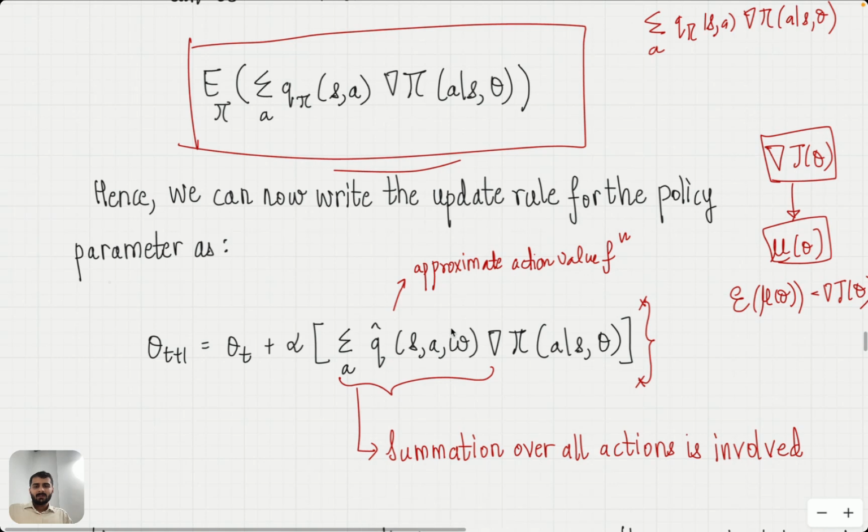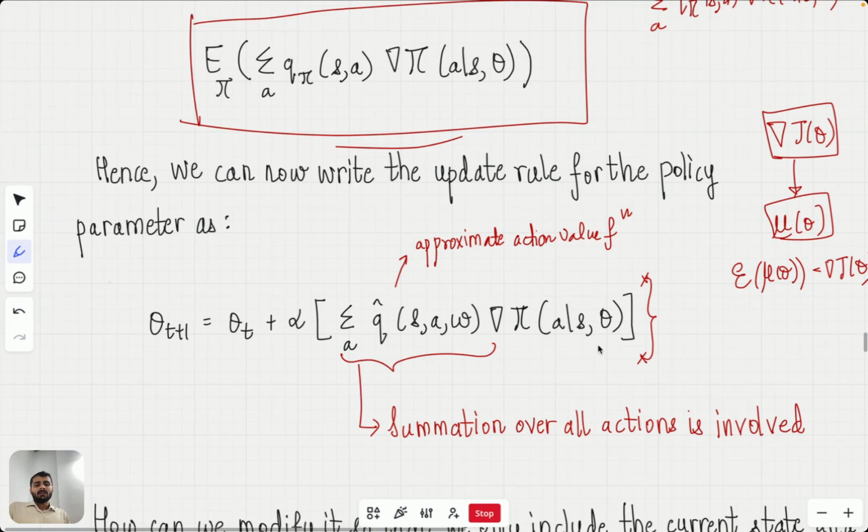So if I am at a particular state and there are five actions in front of me, I will calculate q hat for all of those actions, and then I will take a summation and multiply it by this grad of pi a given s comma theta.